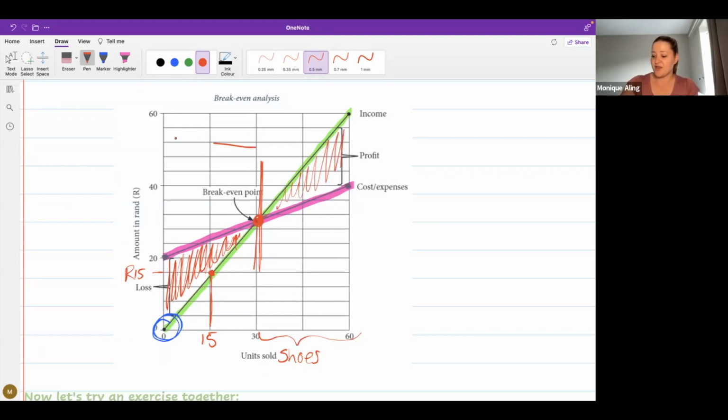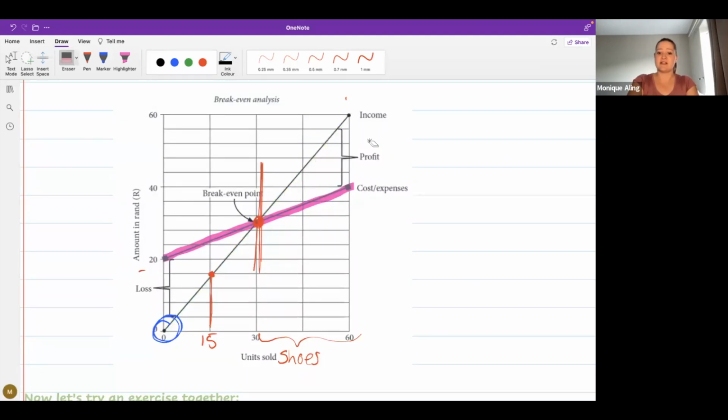So when you're on this side of the break-even point, it means you're making a loss. But if you go in the other way, you are making a profit. Okay, so that's just a quick run through on how you would read this graph. Thanks, Ayabunga. I don't know if you guys want to maybe take a quick screenshot of it, just so you can have it.